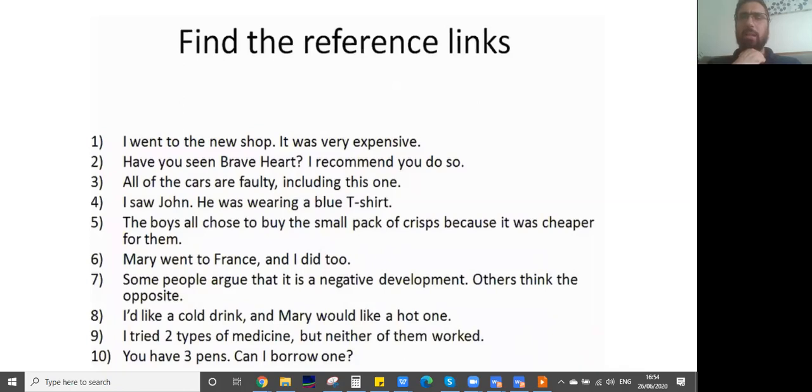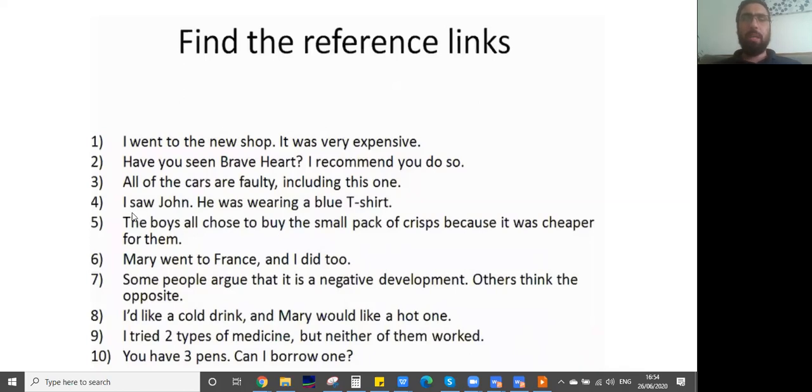I wouldn't say Satish put every car or all of them. No. So this one is not talking about all of the cars. It's talking specifically about this car. So all of the cars are faulty, including this one. One means this car. So not referring to all of them. It says this one.